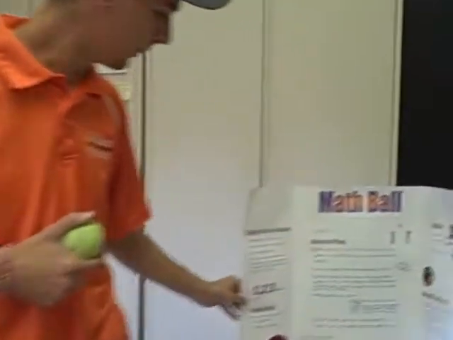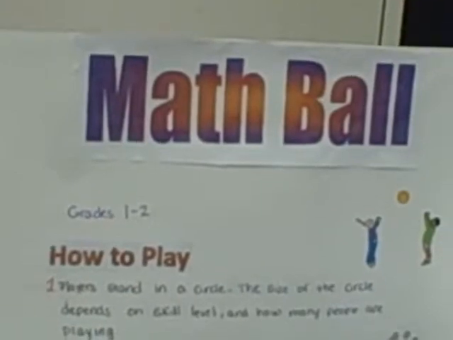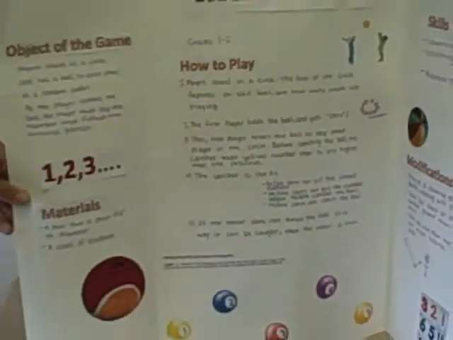The framework that it goes with is MBT 1, which is count to 120, starting at any number less than 120. It doesn't have to be 0 that you start at, you could start at maybe 10 or 15. Like I said, the materials would be just a ball in a class.